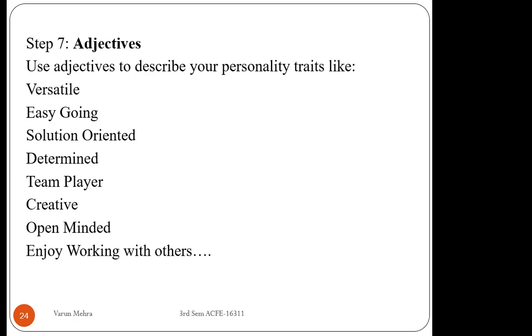Now, in step 7, you have to give a suitable adjective to your personality, which they want to see in your character. You are the best judge of what kind of traits you can add, which definitely go with your words, and you can choose according to your own.